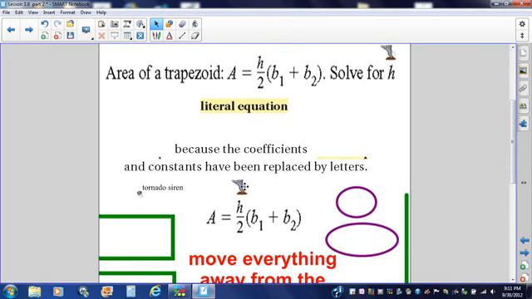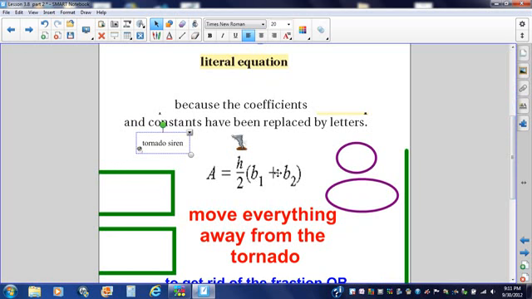First thing I want you to do is draw a little tornado on top of the h. That's what we're solving for. There's our tornado siren to let us know that we're going to have to get our letters away from that h.